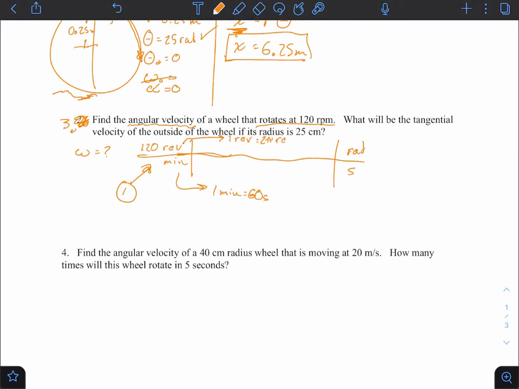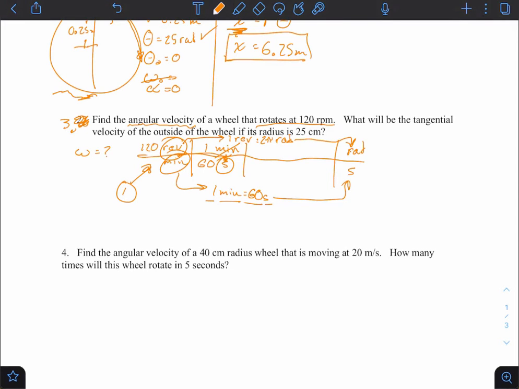And you can either convert the top or the bottom first. It doesn't matter. I'm going to go with the bottom. Minutes are going to have to go in the numerator to cancel it out, and we can go from minutes to seconds, and then just fill in the gaps. How many minutes? 1. How many seconds? 60. And now we've canceled out minutes, and we're left with seconds in the denominator. So we're set for the denominator.